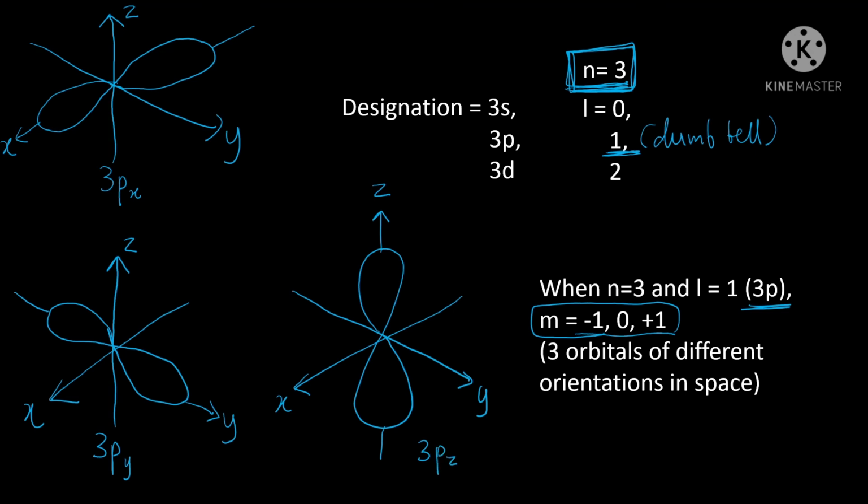So all these three orbitals have dumbbell shape because their angular momentum quantum number L is equal to 1, indicating that their shape is dumbbell shape. For L equals 2, the orbitals in the subshell should have the cloverleaf shape or donut shape.